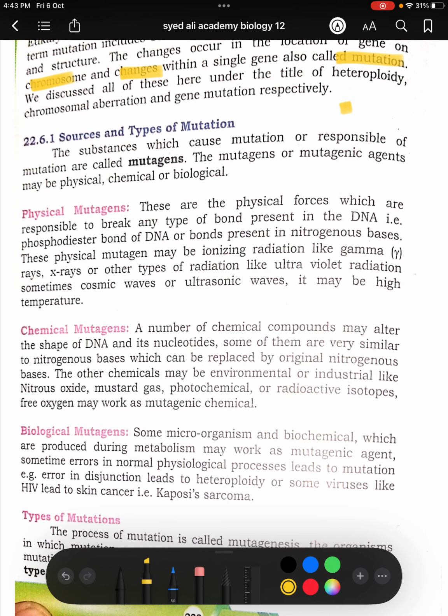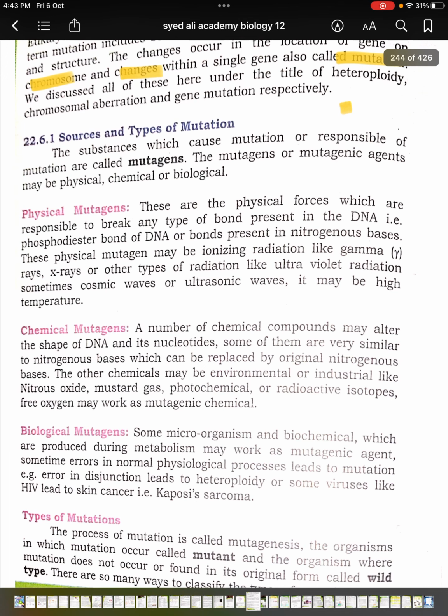We discuss all of these under the titles of heteroploidy, chromosomal aberration, and gene mutation. We will discuss these things as well, right? But now I hope the definition of mutation is basically clear to you.